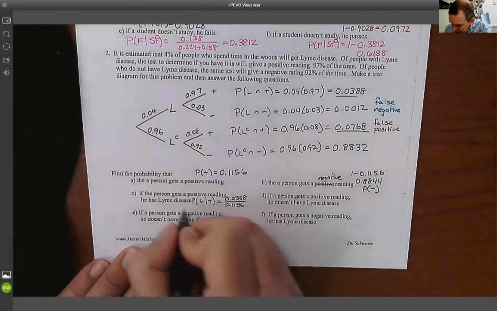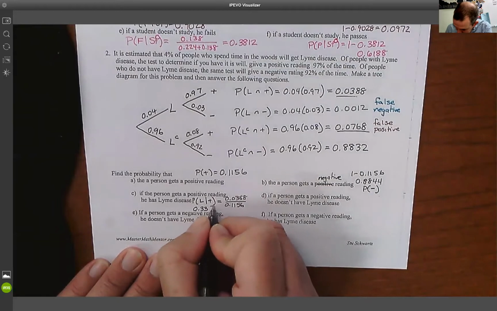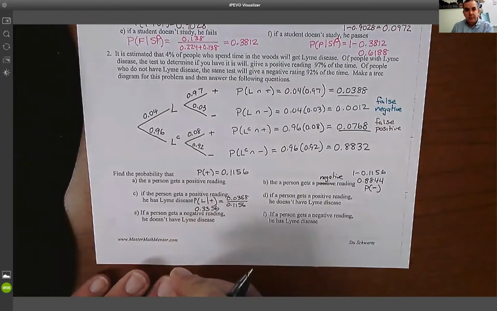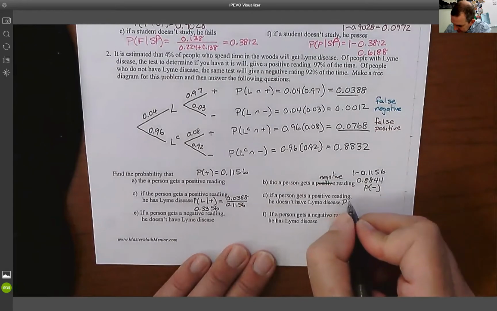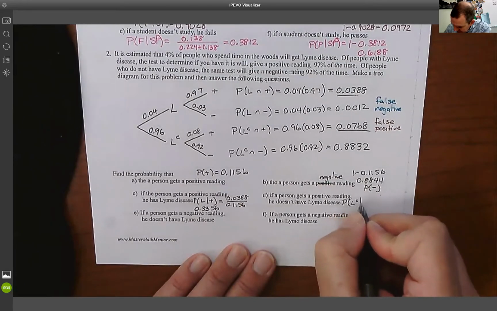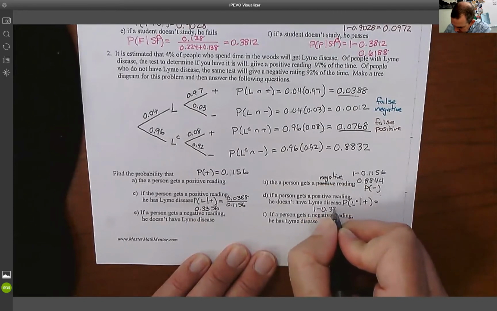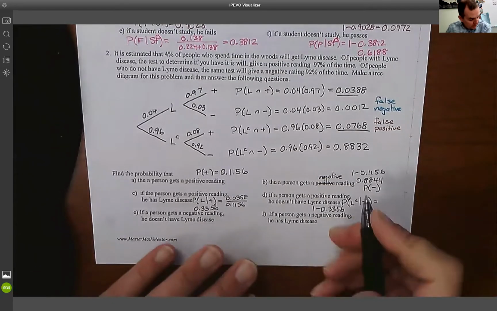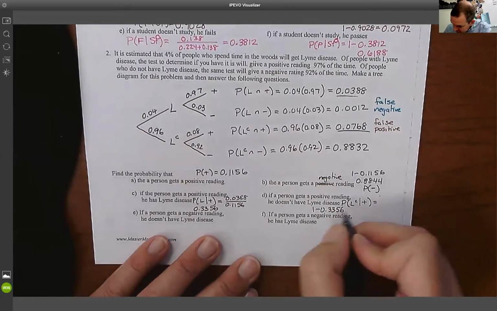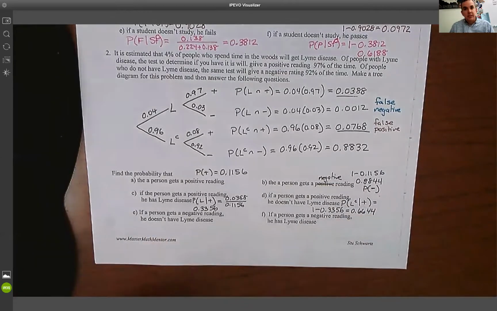It's about a third of the people, 0.3356, a little more than a third of the people who test positive actually have it. The people who don't have Lyme disease given a positive is 1 minus 0.3356, about 0.6644. About 2/3 of the people who test positive actually don't have it.